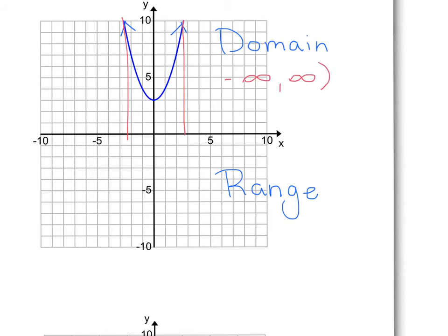It's impossible to touch infinity, so parentheses. For the range, we go from the bottom to the top. At the bottom, we have a point at +3, and it's touching it, so bracket. At the top, we have the arrows, and the arrows represent infinity, in this case, the positive direction, and you can't touch infinity, so parentheses.